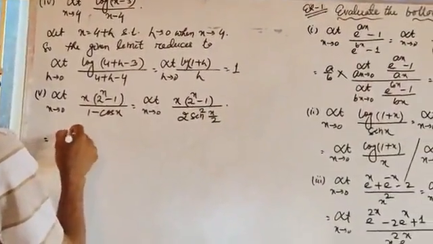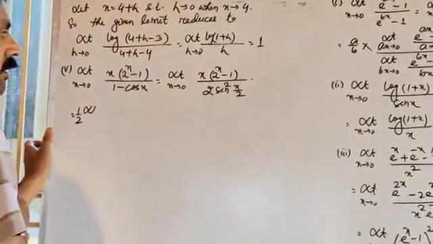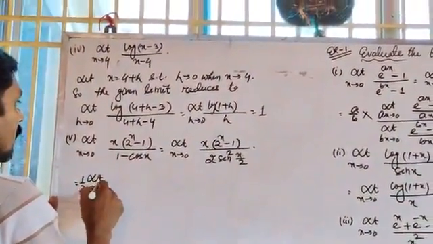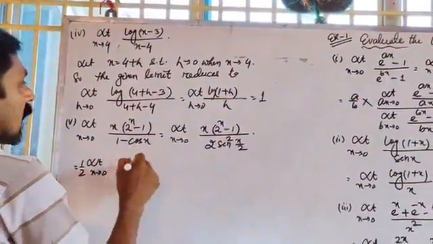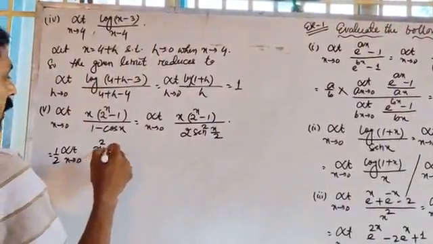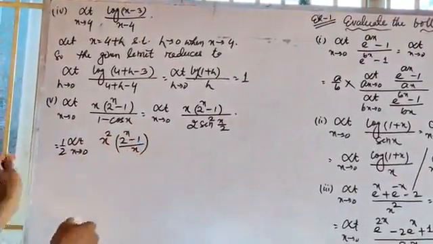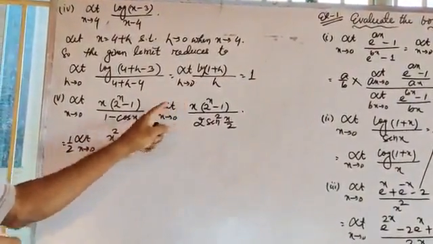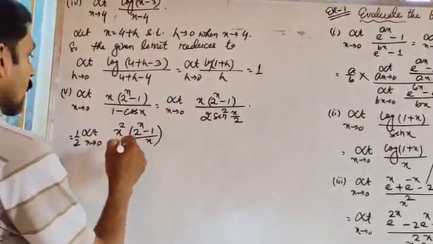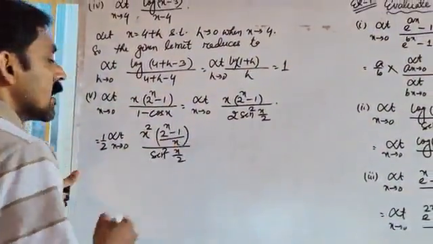Let's see, limit, you take this 2 separate. Okay. So limit x tends to 0. Now I have multiplied and divided by x here, x square into (2 to the power x minus 1) by x. Here already 1 x is there, and here we have multiplied and divided another x by sin square x by 2.